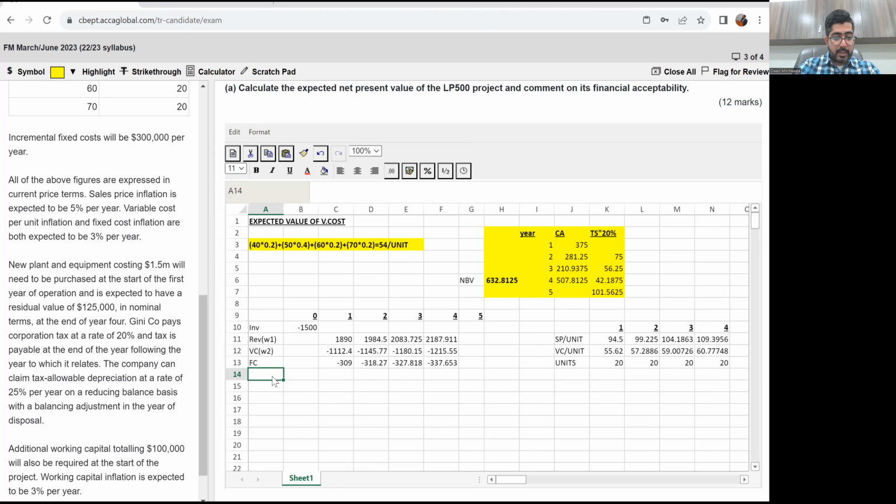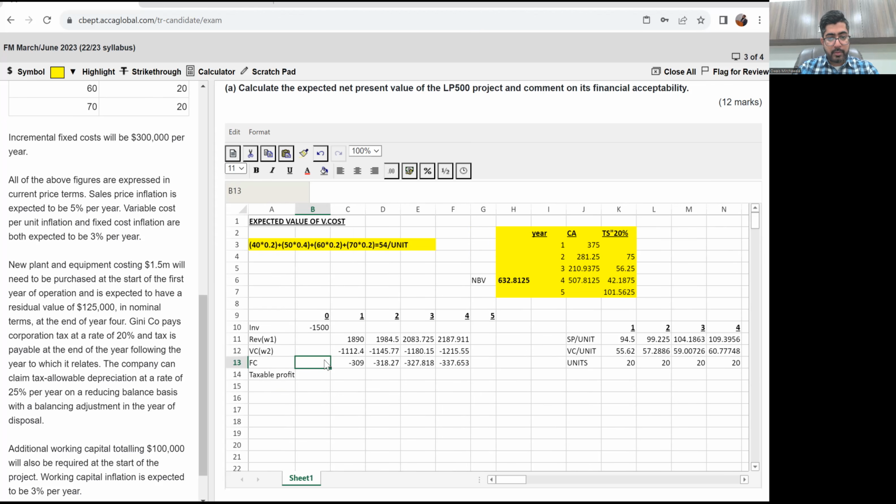Okay. Revenue less variable cost less fixed cost gives you taxable profit. So taxable profit, let's find out. It's the sum of B10 to B13 and then drag.